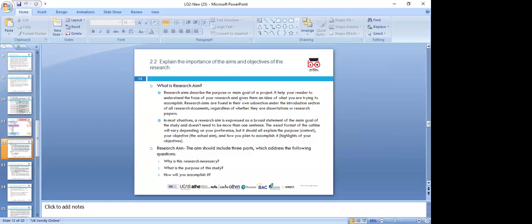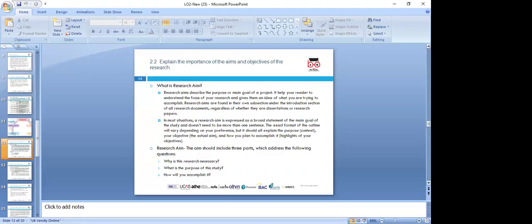The aim is the purpose, the main goal of your project. What is your main goal? My main goal is that I want every family member of mine to have a degree. That is your main goal.